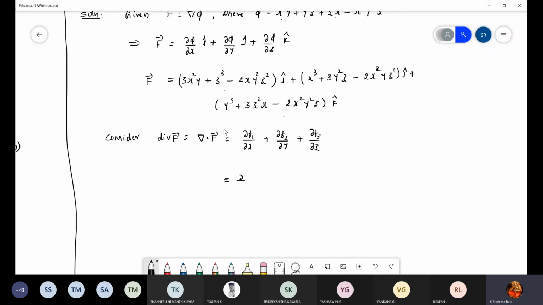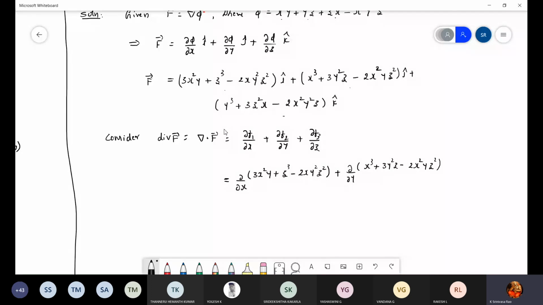Dou by dou x of f1, which is 3x square y plus z cube minus 2 times x y square z square. This is dou by dou x, plus dou by dou y of the second one, x cube plus 3y square z minus 2x square y z square.